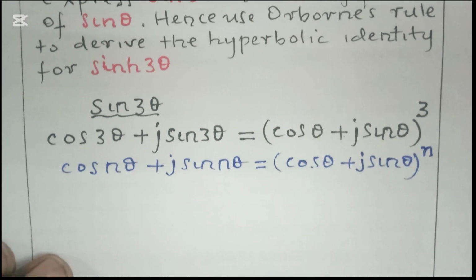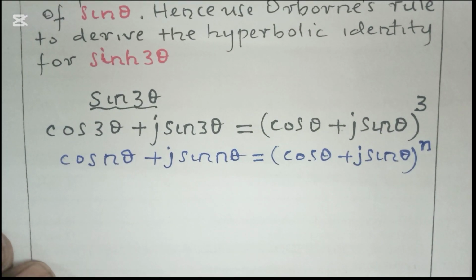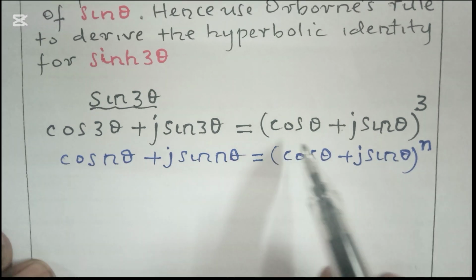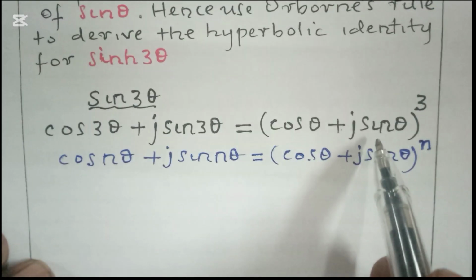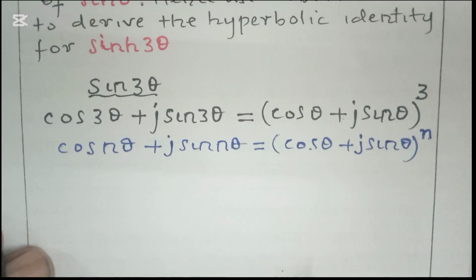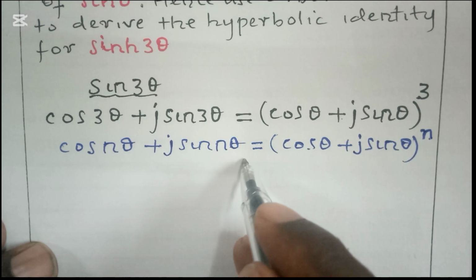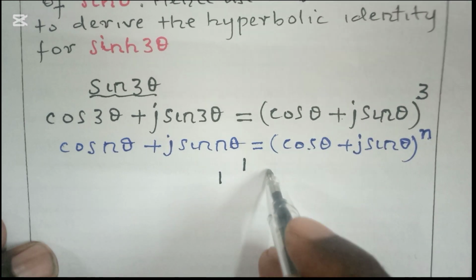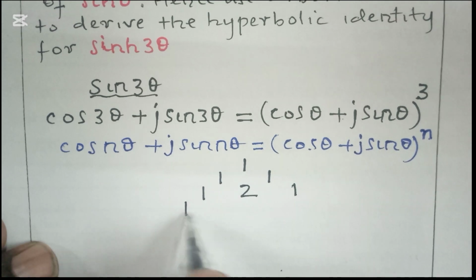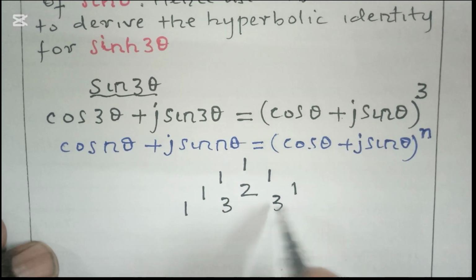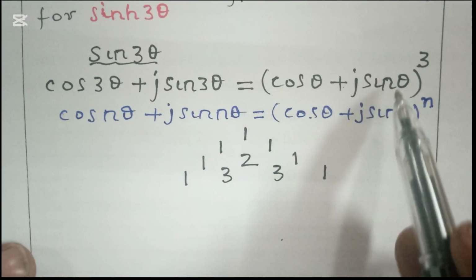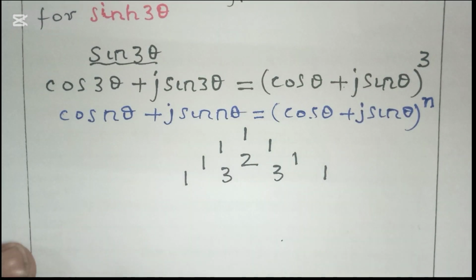That is according to De Moivre's theorem. And so therefore, now we are going to expand this term. For us to expand that, we are going to use Pascal's triangle, according to the binomial theorem.